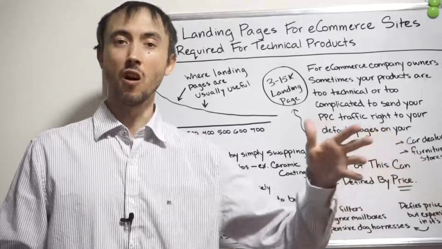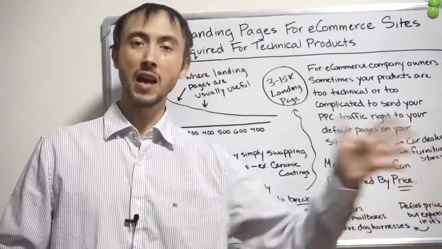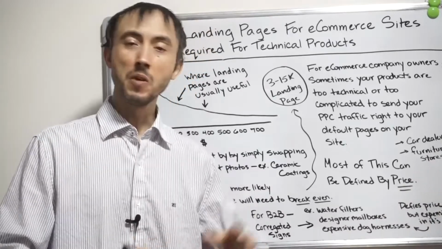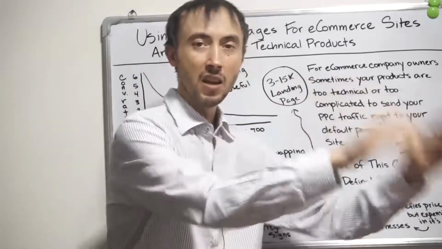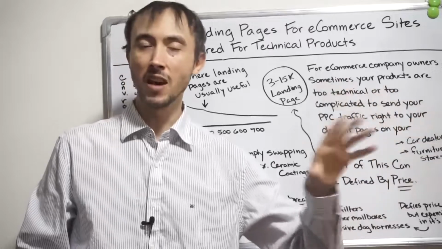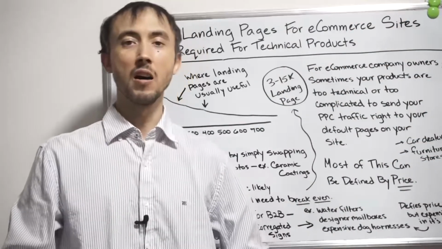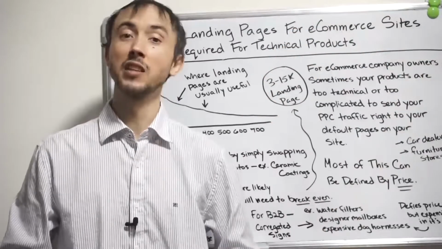Assuming landing pages are what you need to get out of the break-even category, this is going to give you enough information to go out there today, hit the ground running, get the page done, test it, verify it works, and then be happy because you've got a long road of success ahead of you.